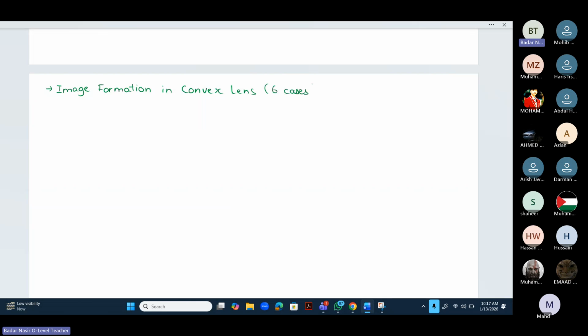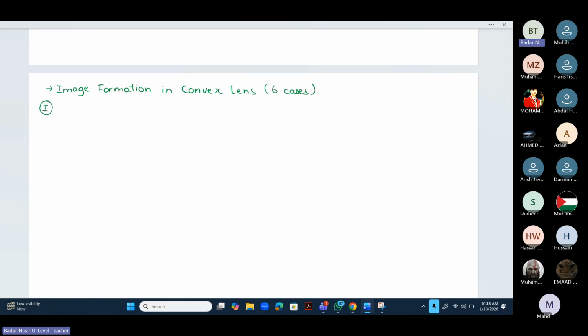Now you don't need to memorize those cases. There is a trick, so whatever lens diagram comes in your exam, you will be able to do that. Okay, so let's talk about the first case.